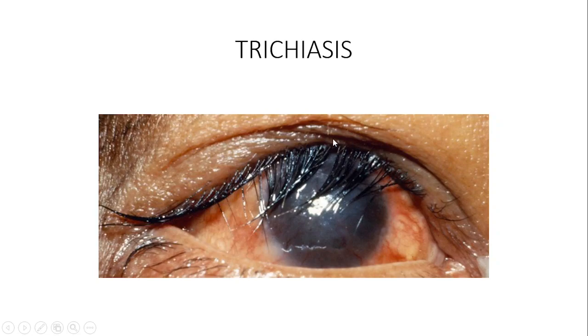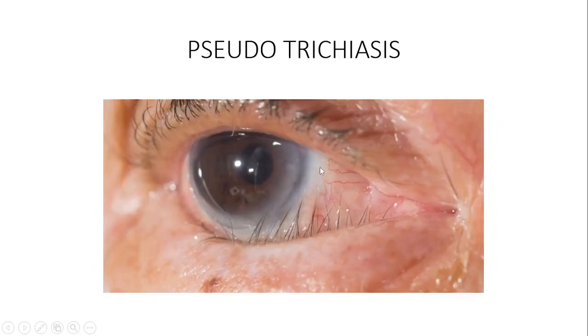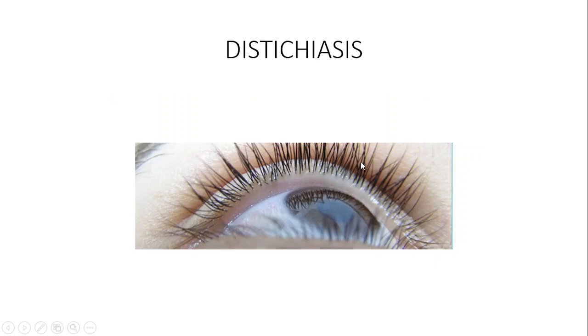It is rather the eyelashes which have been turned backwards onto the ocular surface. But in pseudotrichiasis, the eyelashes are in normal orientation naturally, but because the eyelid margins have been turned inwards, they impinge on the ocular surface. That is known as what? Pseudotrichiasis.